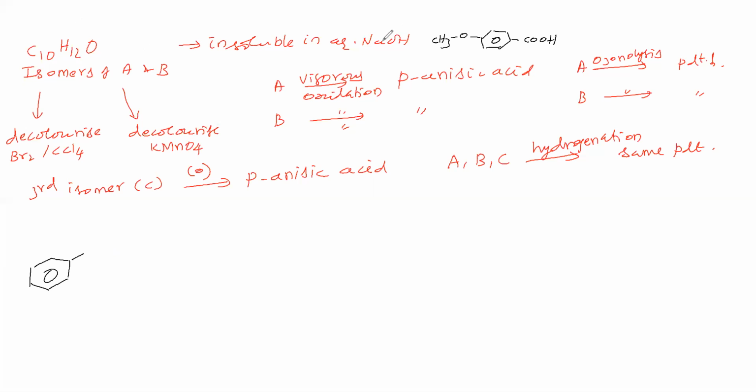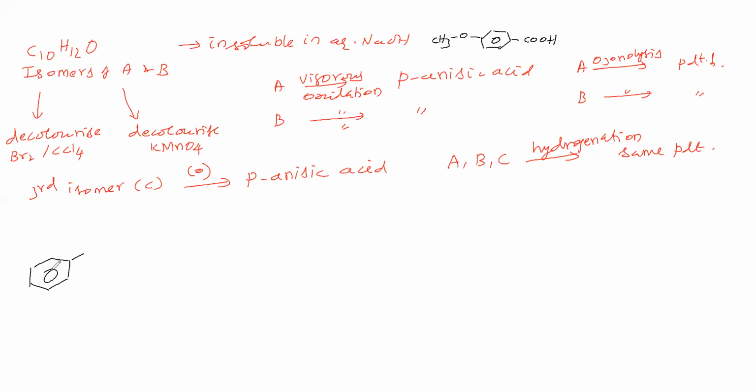Next, this isomer decolorizes bromine in CCl4. Decolorizing bromine in CCl4 means certainly a C double bond C or a C triple bond C is there, and it must be localized. Benzene also contains pi bonds, but they are delocalized.